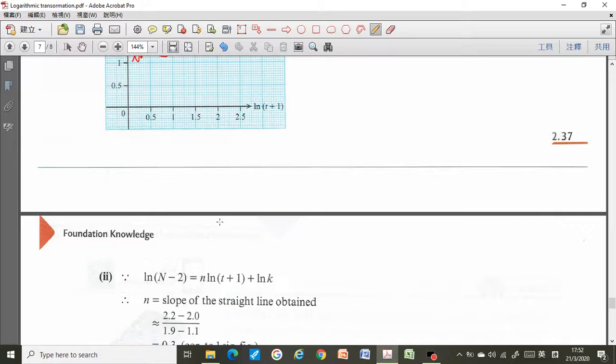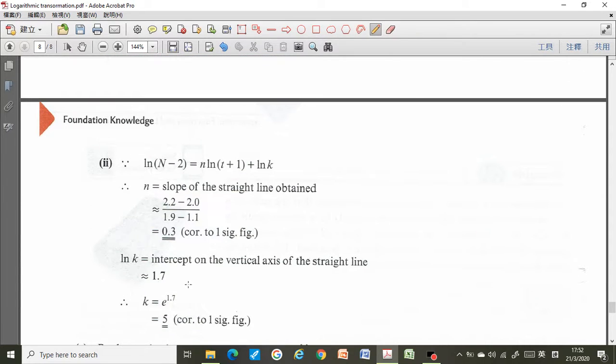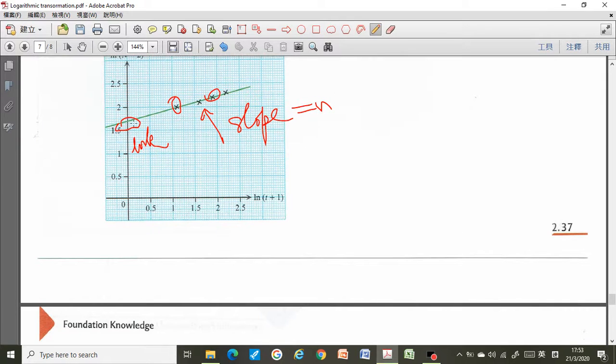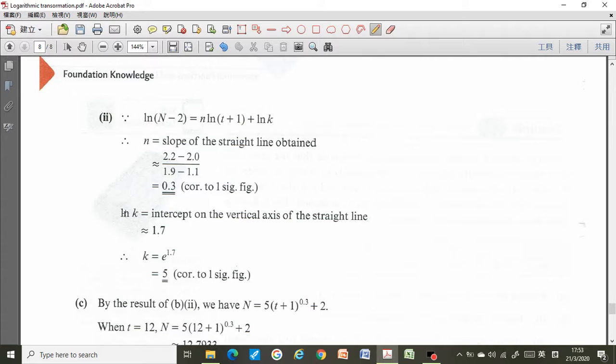By using the values of y2 minus y1 divided by x2 minus x1, you calculate the n, which is the slope, approximately 0.3. And the y-intercept, you see, is located at approximately 1.7 here. So we say log k is approximately 1.7.